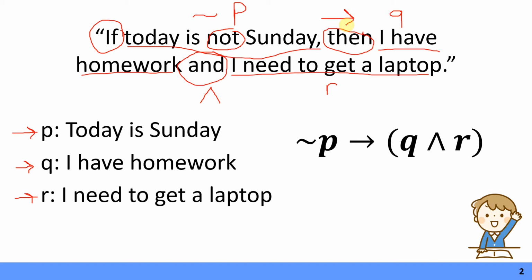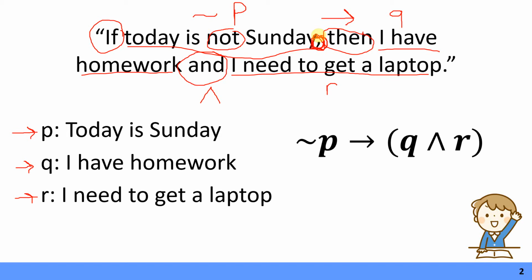Now, I know you're like, what in the world happened with those parentheses? So remember, parentheses come into play when you have a comma. So since we have a comma, there's going to be parentheses. Now you have to ask yourself, to what side of the comma is there more statements? Since there's more statements to the right of the comma, because we have a Q and an R, then that's where the parentheses go.